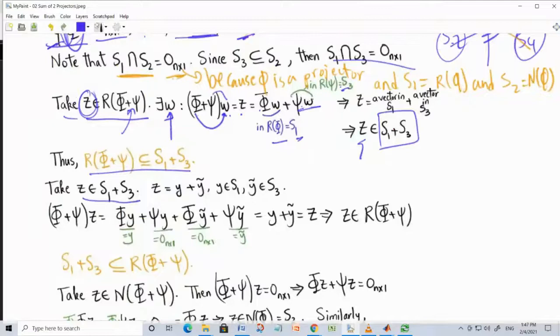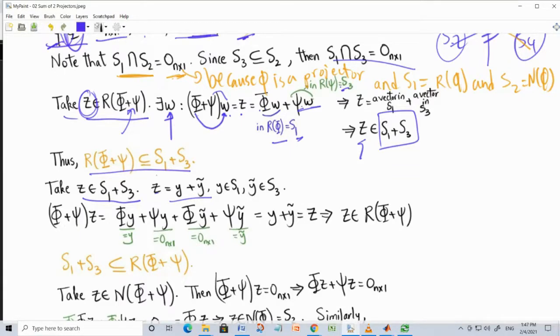Now, take z in S1 plus S3. This means that z can be written as the sum y plus y tilde, where y is in S1 and y tilde is in S3. Now apply phi plus epsilon to this z, and z can be written as y plus y tilde, so you get 4 terms. Let's investigate the 4 terms.